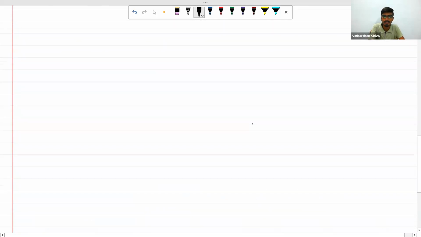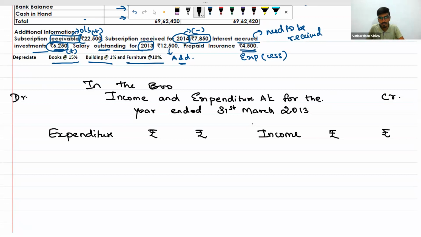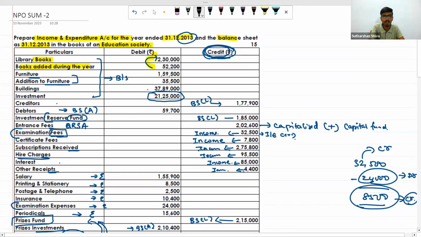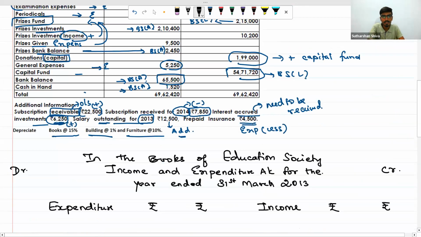Okay, for this, first thing you need to write is in the books of education society. Is there any given name for that education society? No, it's just in the books of education society. Just simply do the posting.